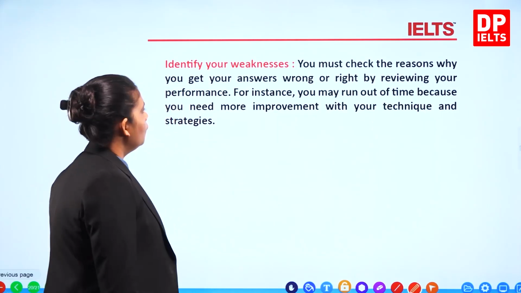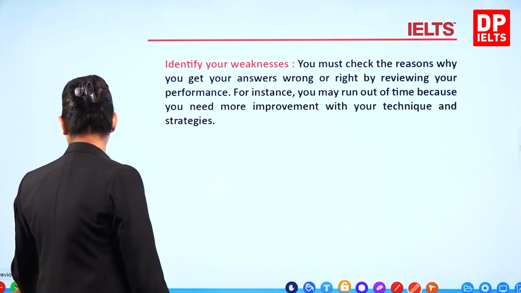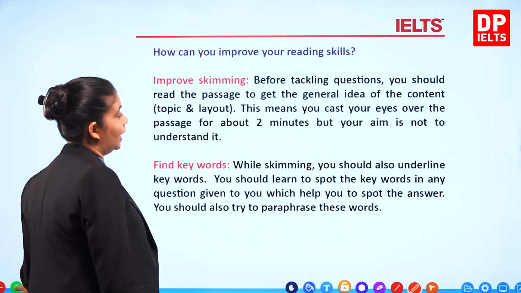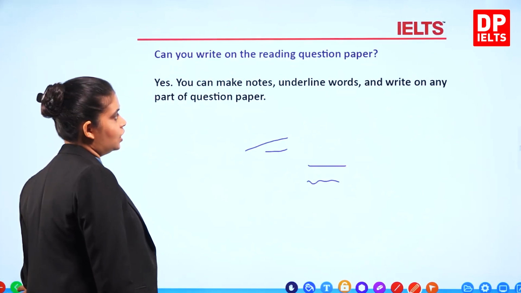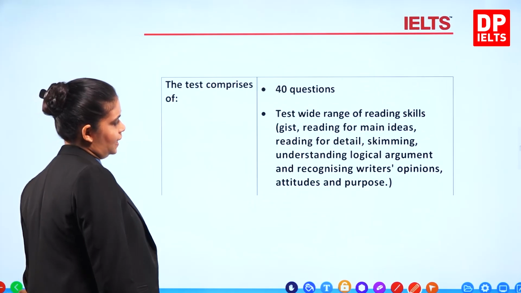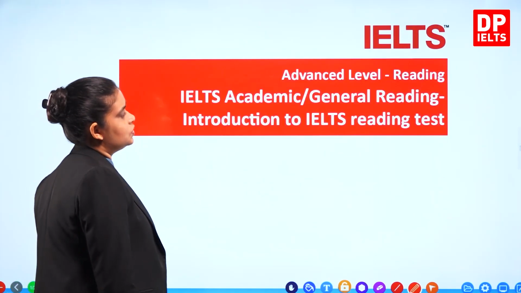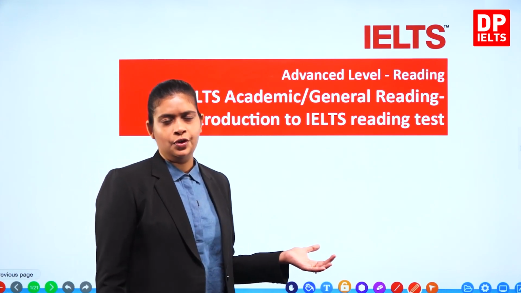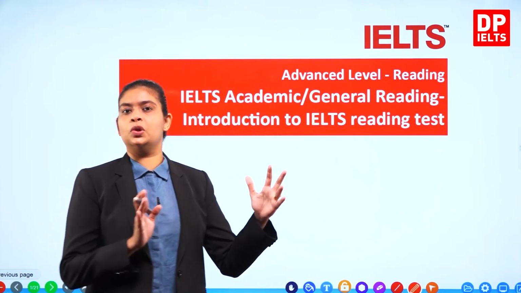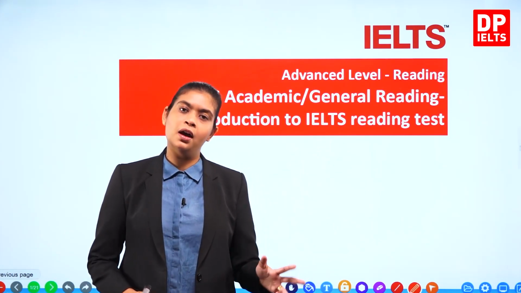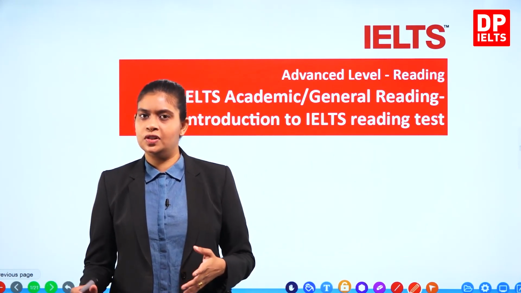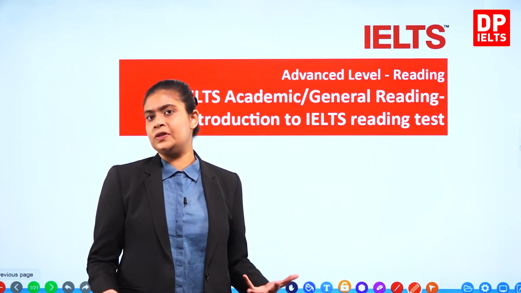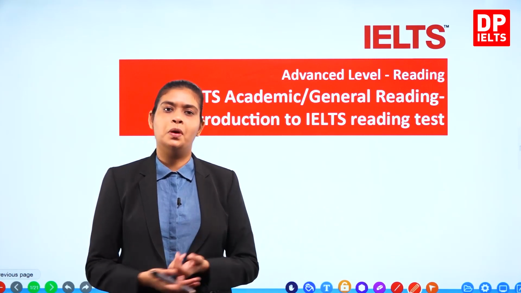Okay? Right, so I think with that we have come to the end of the lesson, where I just wanted to give you a heads up as to what this reading is all about. So you know we have 40 questions, we have 1 hour, we have 3 sections, and we have different types of questions in each part.